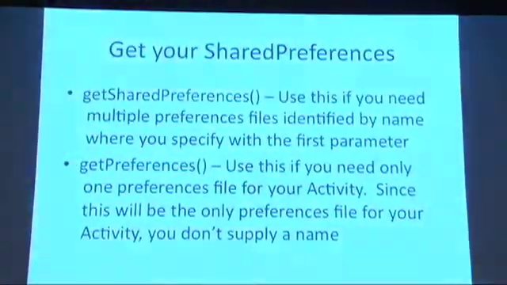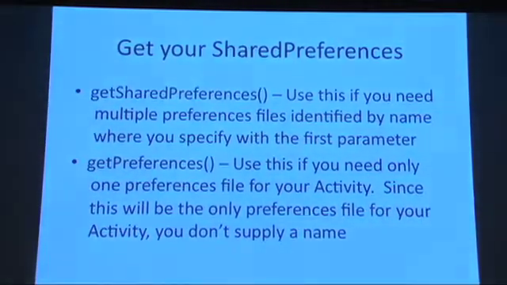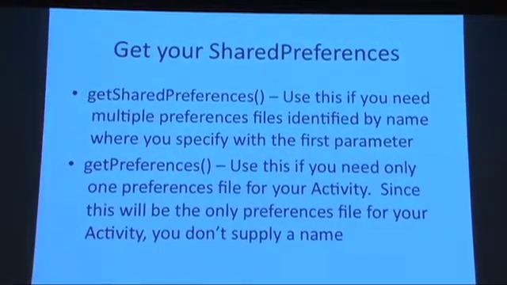And getPreferences is a method that you use when you only have one preferences activity. This is only for simple apps, or maybe if you have some kinds of settings and you only need settings for your whole app, then you can just use getPreferences. This way you don't have to care about preferences files and everything like that.